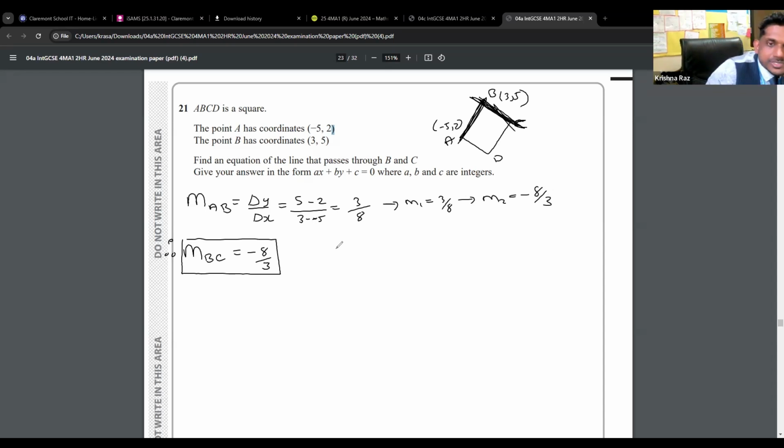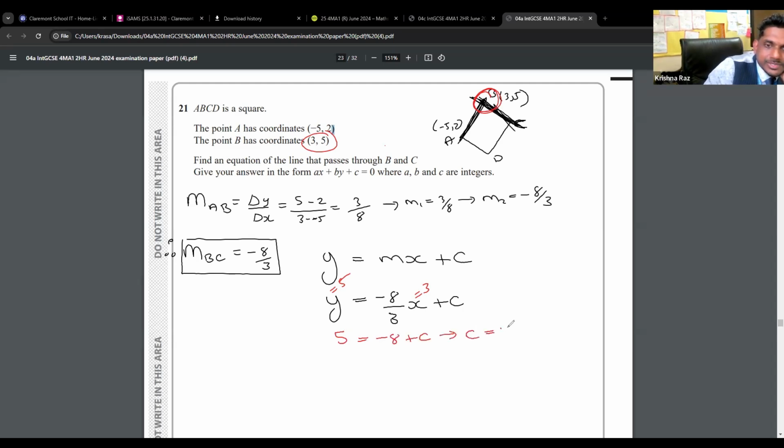So now we do y equals mx plus c. y equals -8/3 x plus c. And we're going to substitute in the coordinate of B, because B is on the line. So when x is 3, y is 5. So that gives us 5 equals -8 plus c. So c equals 13.